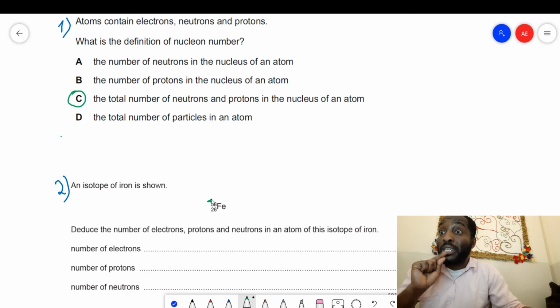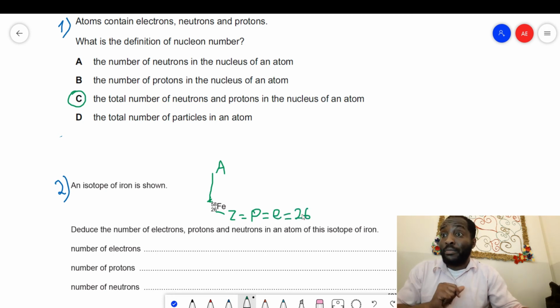It can be up or down, but note that if it is large, it is the mass number. So there I'll put my capital A there, and of course the one beneath is Z, which is the atomic number, and this number is always equal to the number of protons and electrons in a neutral atom.